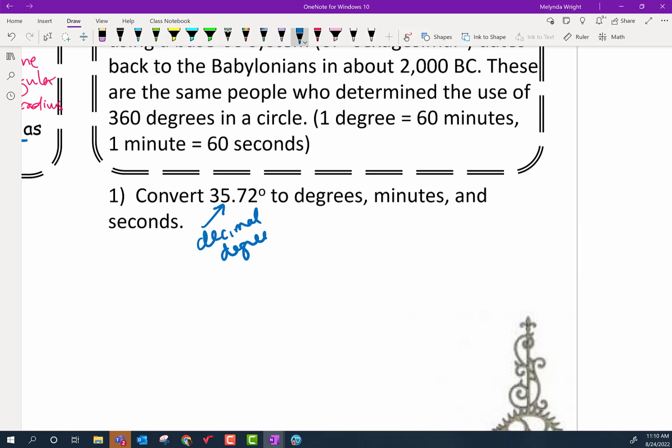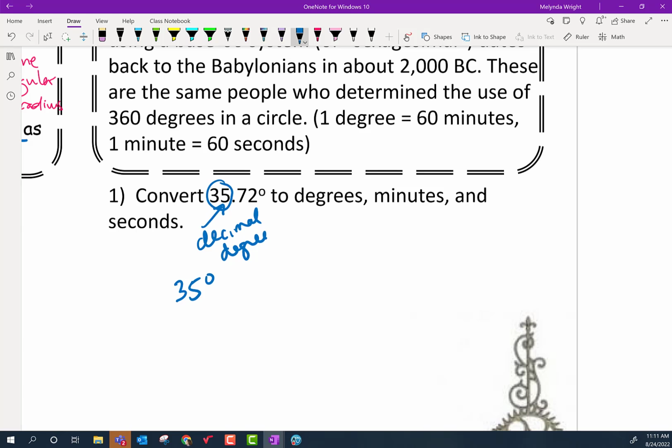We're going to turn that measurement from a decimal degree to DMS, degrees, minutes, and seconds. So the degree part is good. We're just going to start with 35 degrees. The whole number, you don't do anything to it. It's just the degrees. It's the fractional part that we have to work with.